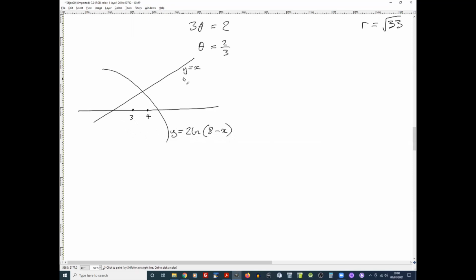When you put 3 into both of these, you could show that one of them was above the other. And then when you put 4 in, you could show that that had flipped and it was the other way round.